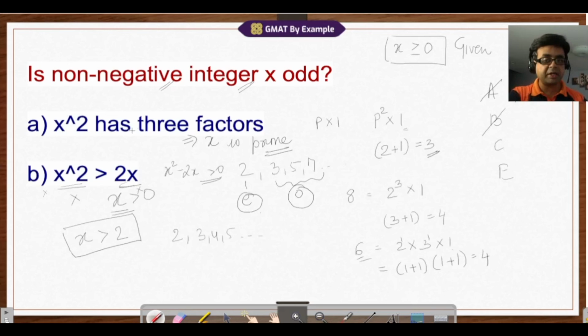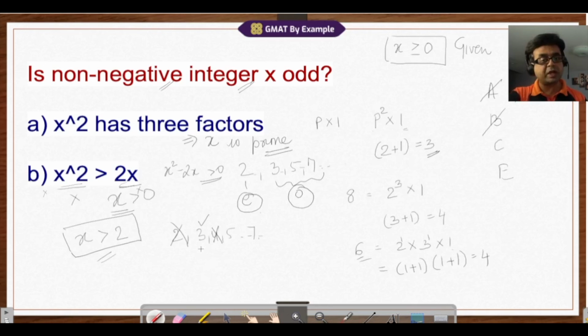When you combine A and B though, you know that x has to be a prime number, so 2, 3, 5, 7, and we are also given that x is greater than 2, so 2 is not a possibility. Again, 4 is not a possibility because 4 is not a prime. The possibilities are 3, 5, 7, and so on.